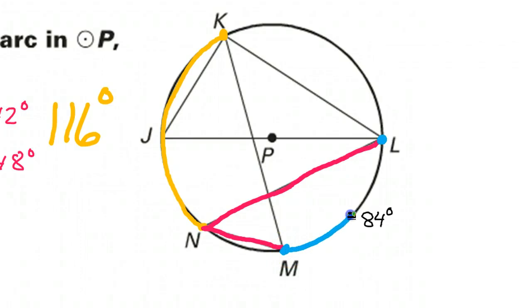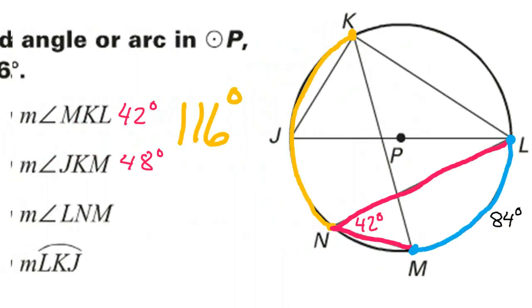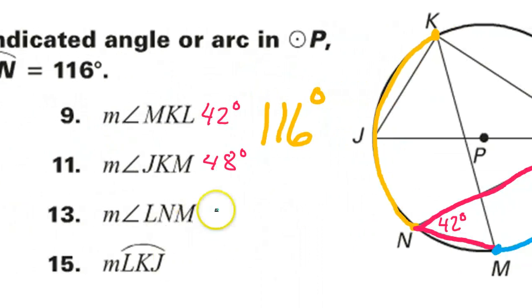So the intercepted arc is right here. So the angle is going to be half of this intercepted arc, the inscribed angle. So this is going to be 42 degrees. Okay, so that's number 13.